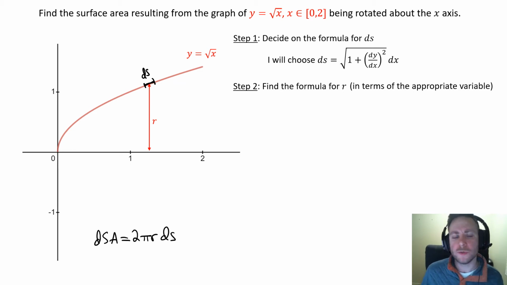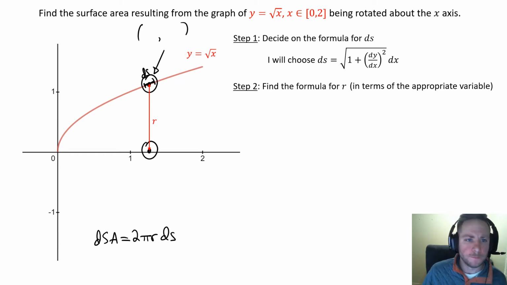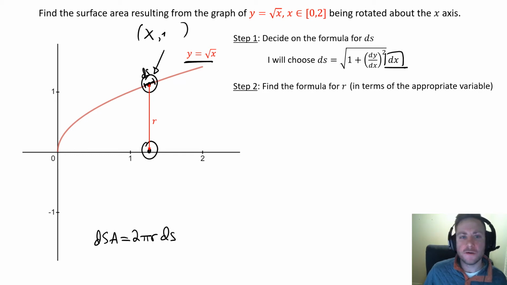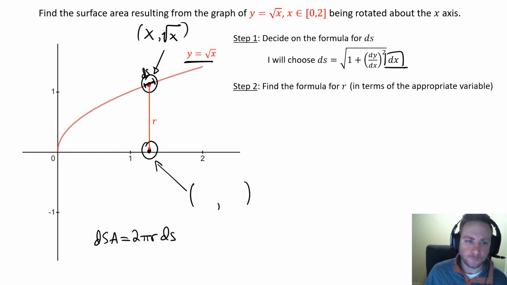And as always, we can find that by getting the coordinates of these 2 points. Let's start with the point at the top. Since we're forming a dx integral, we want these coordinates to be in terms of x. And using the formula for this curve, we can label that point as x comma root x. Now for this point at the bottom.